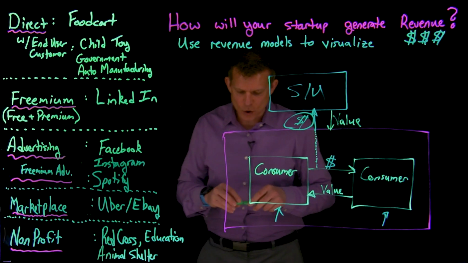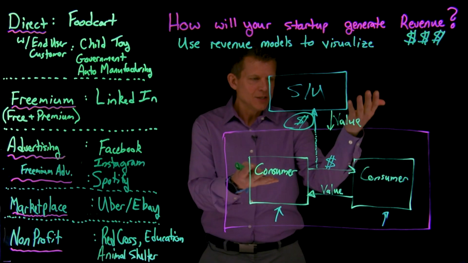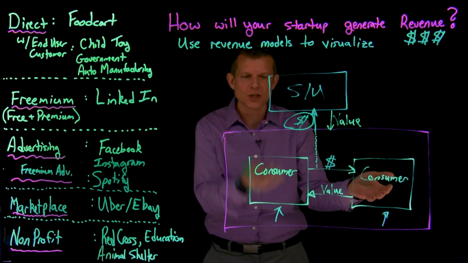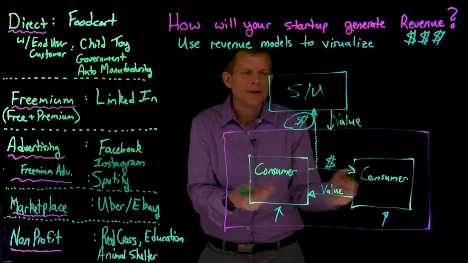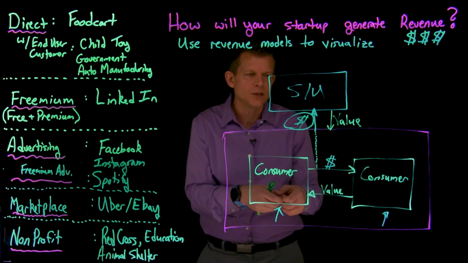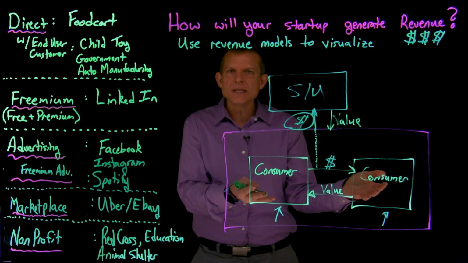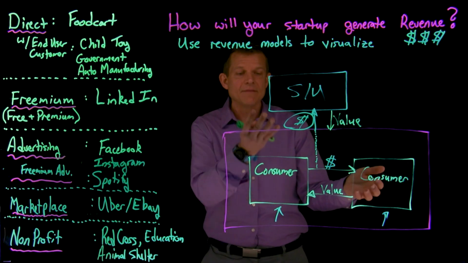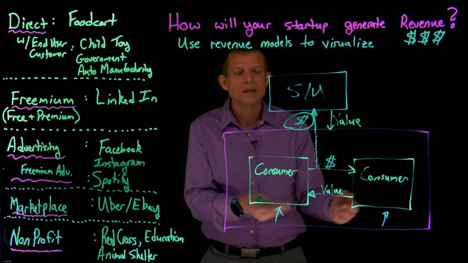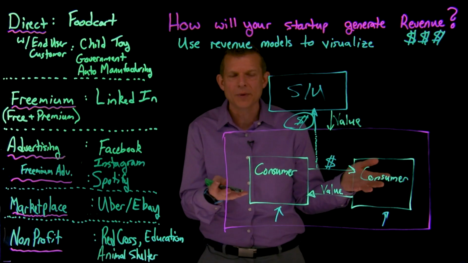startup has to manage the balance of just enough of these consumers with just enough of these consumers. So imagine Uber opens up in a new city. Let's say they're going to New York. I mean, they're already there. But what happens in New York if they don't have enough Uber drivers and they have a ton of people who want rides? All of a sudden, the quality of that service won't be very good because people won't be able to get rides.